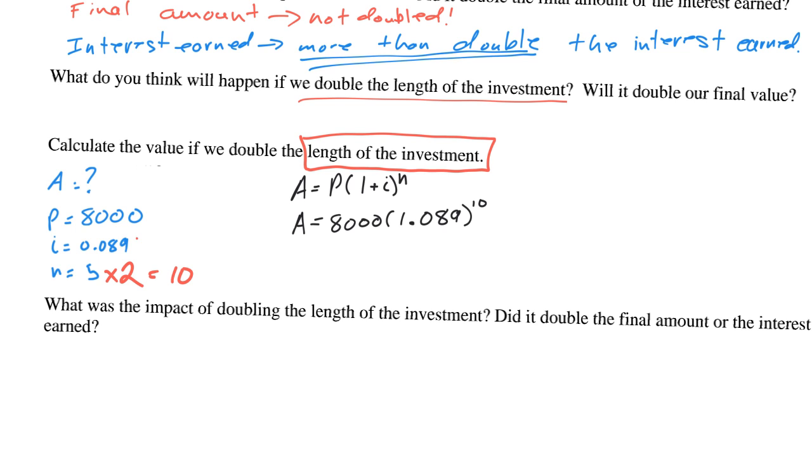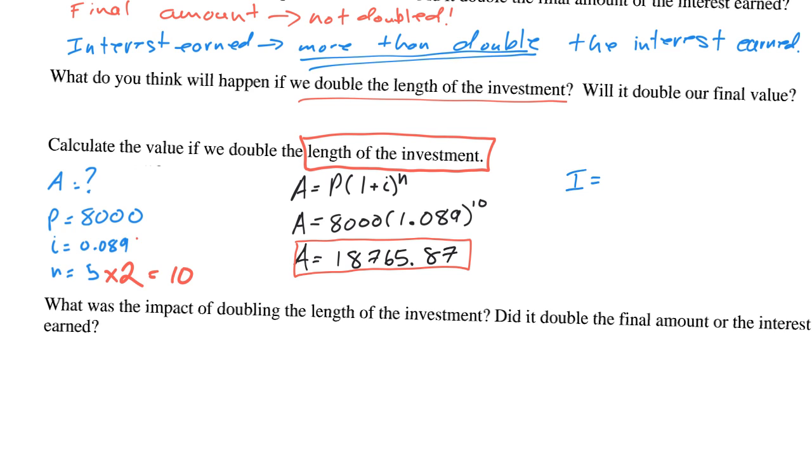When we do the appropriate substitutions, you're going to get A is equal to $18,765.87. That is how much we have. Now let's do an interest calculation and see how much interest we made.